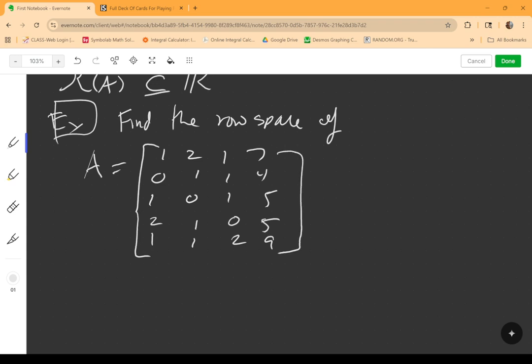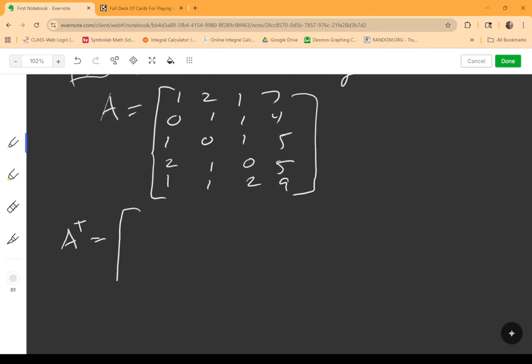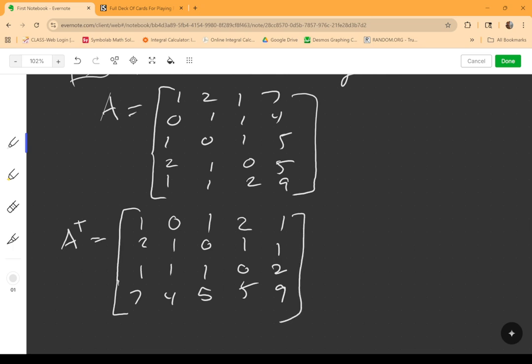I'll use the same approach that I did with the column space, where the first step is to take the transpose. That gives me 1, 2, 1, 7, 0, 1, 1, 4, 1, 0, 1, 5, 2, 1, 0, 5, and then 1, 1, 2, 9.